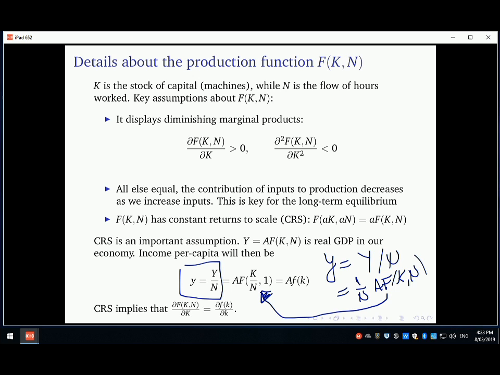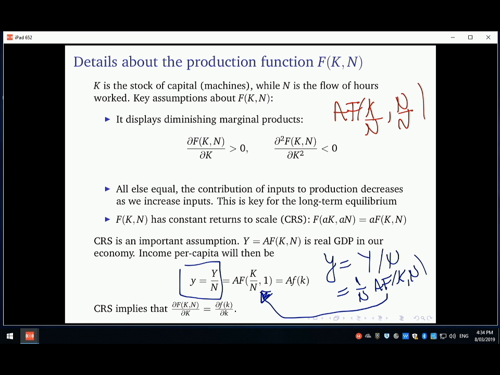And then it will be just A times F of K over n and n over n, which is 1. So basically A, F, K over n, comma n over n, right?